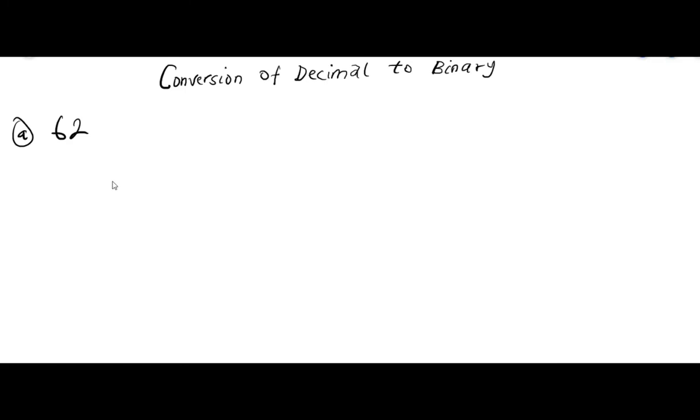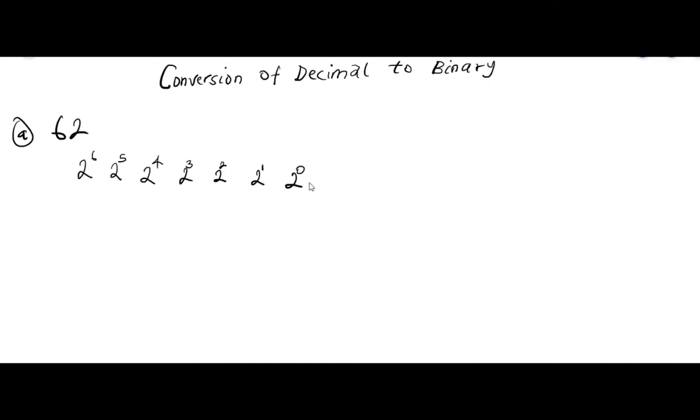So you start with 2 raised to the power 0, 2 raised to the power 1, 2 raised to the power 2, 2 raised to the power 3, 2 raised to the power 4, 2 raised to the power 5, then 2 raised to the power 6.